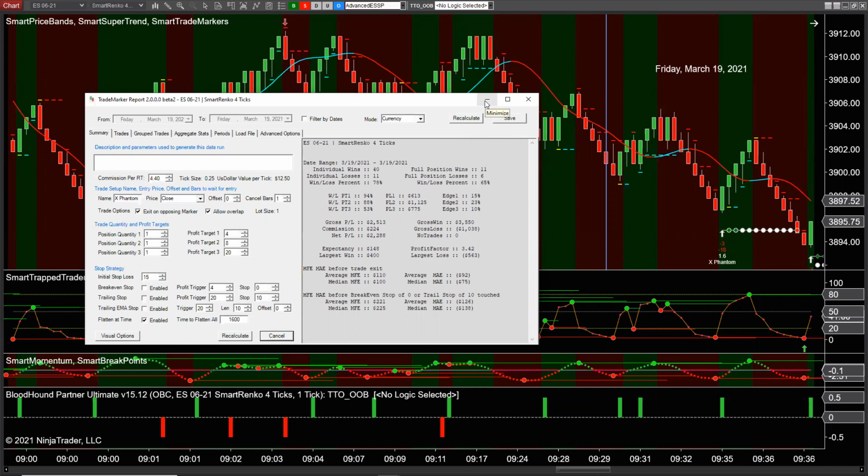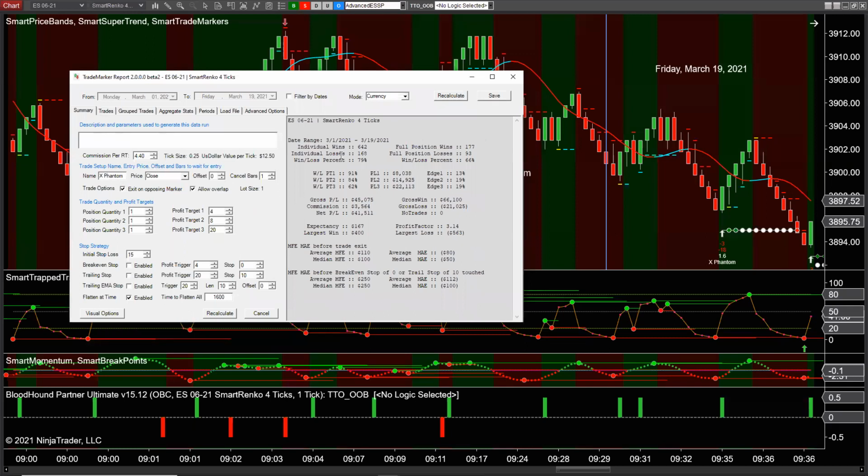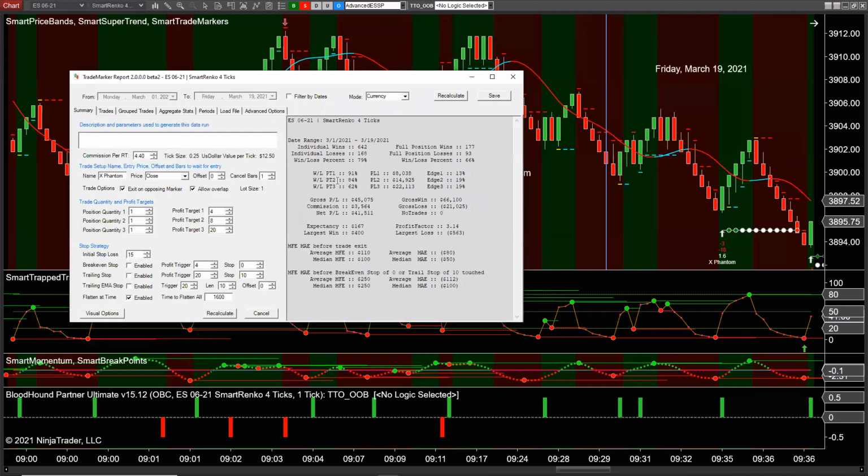Now I'm going to move this out of the way, and I'm going to pull over the X Phantom for the month. We'll go and look and we'll see. This is the whole month of March so far. If we traded it 1 for 1, 1 for 2, and 1 for 5 here, 62%, very nice number, 62% when we're taking 5 more ticks than we're giving.